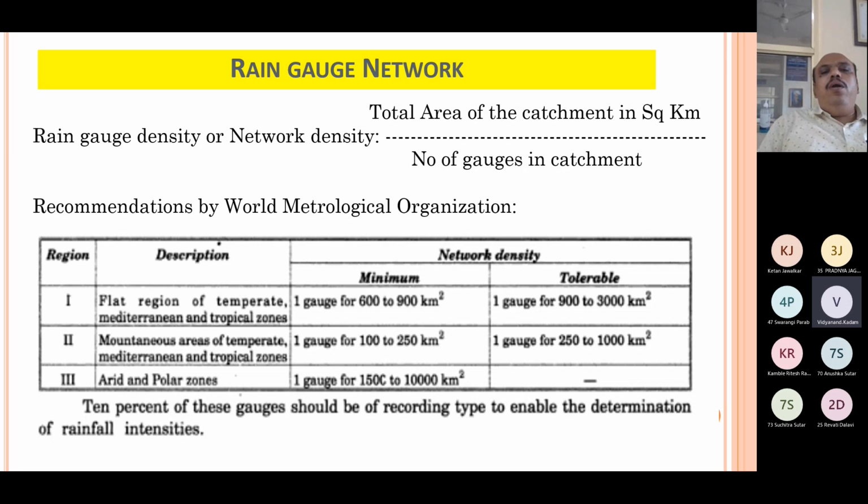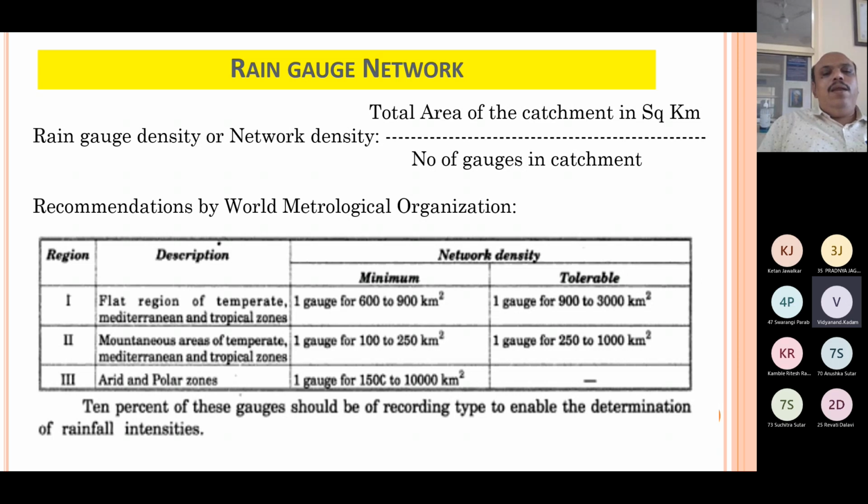Now, the World Meteorological Organization provides recommendations for the number of rain gauges based on the topography of the area. Everybody observe this table. According to the World Meteorological Organization, the entire Earth surface is divided into three regions.